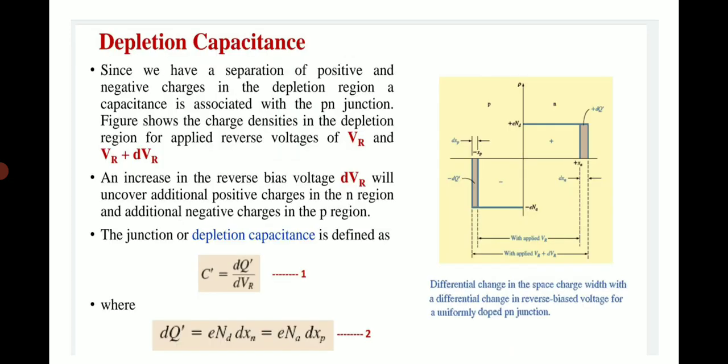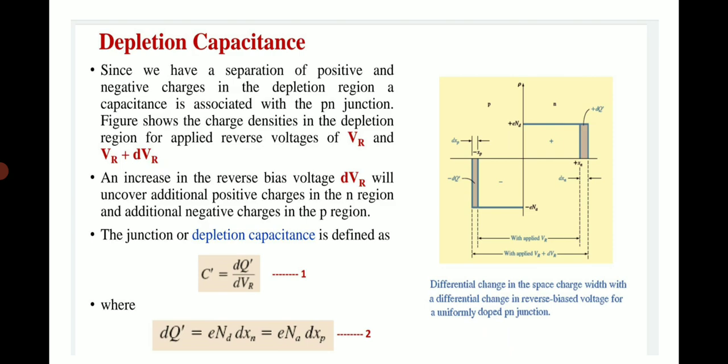And this is the depletion capacitance, let's see the diagram. When the reverse voltage is applied, Xn is the depletion width in the N region and minus Xp is the depletion width in the P region, with the negative side and the positive side connected to the reverse bias.